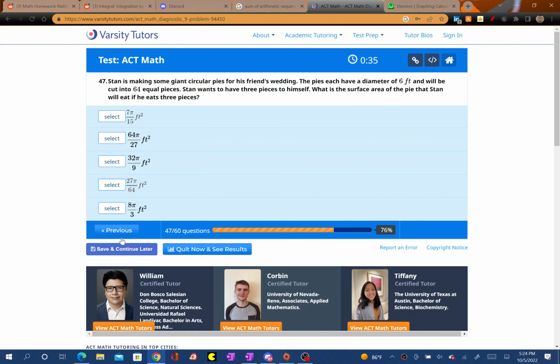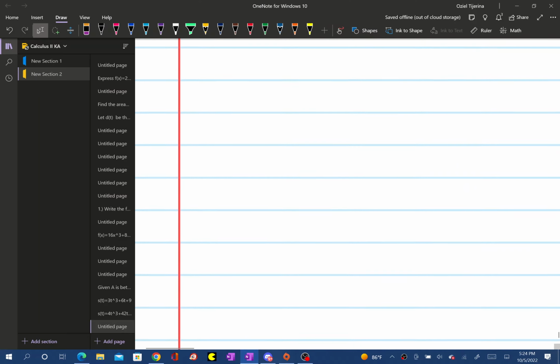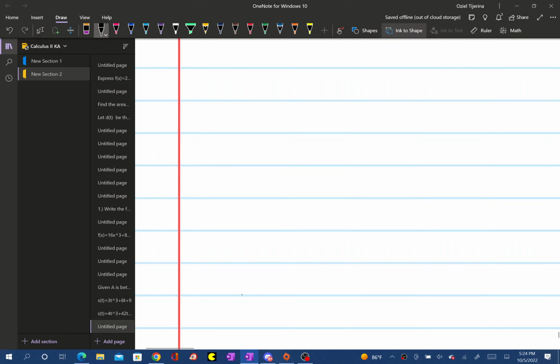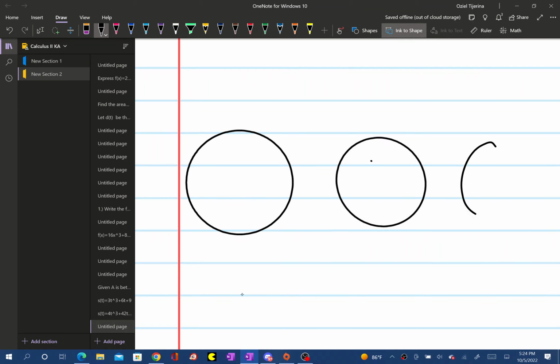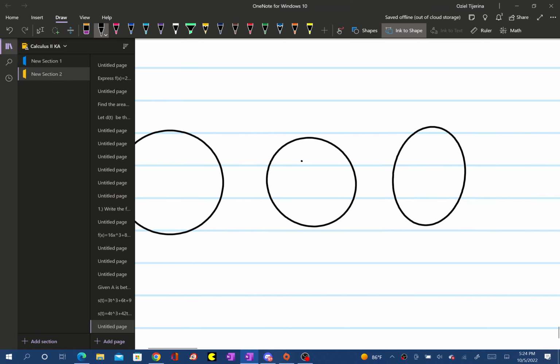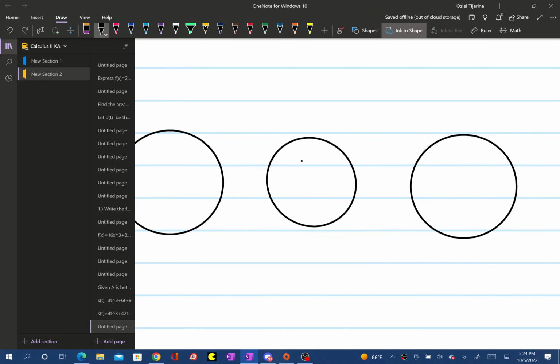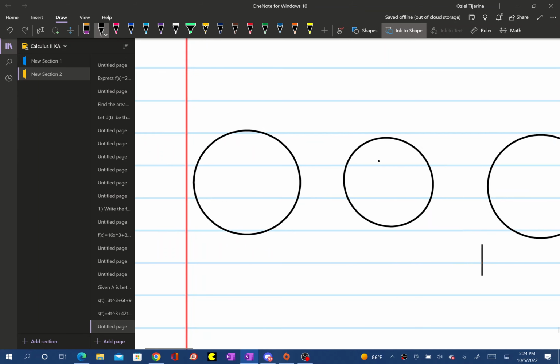So, there's 3 pies, and because they're circular, they don't have to be drawn exactly to scale.